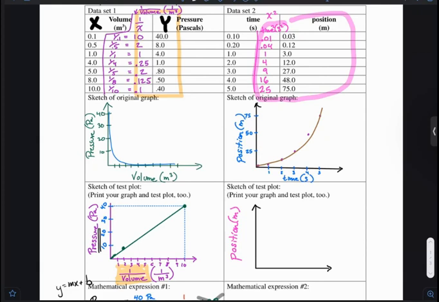And my x-axis is time squared because I'm about to graph the numbers that I just squared for time. So it's time squared. And whatever happens to the variable also happens to the unit. So I need to make sure that my units are squared as well. And now I just need to graph it.